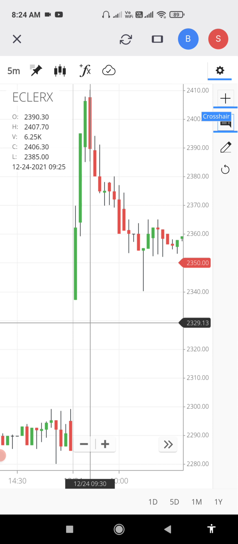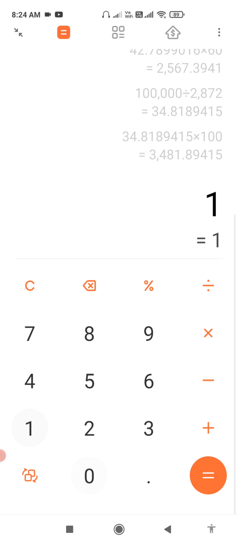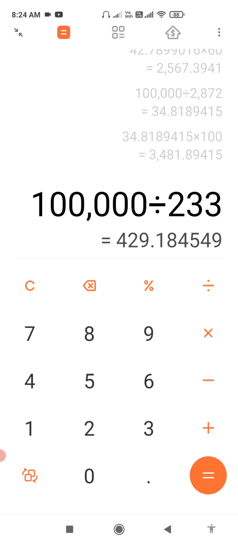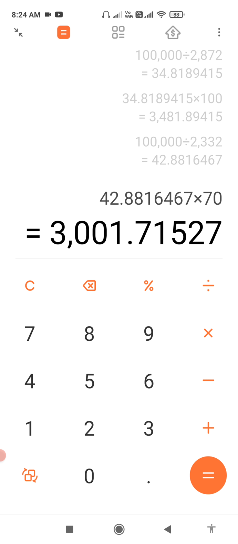So you got around 70 points. If you have 1 lakh rupees, 70 points gives around 3000 rupees in just 1, 2, 3 candles in 45 minutes. You got 3000 rupees in the cash market.